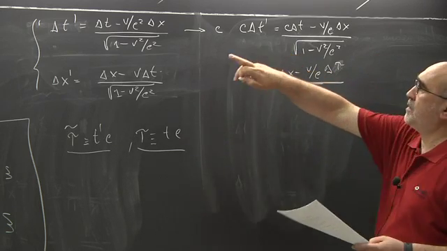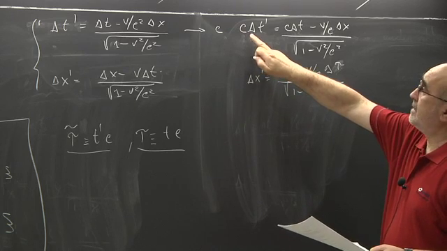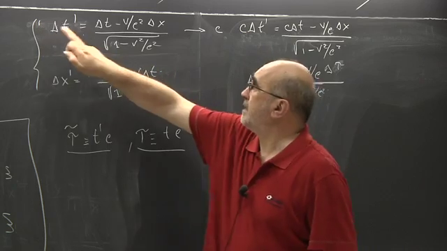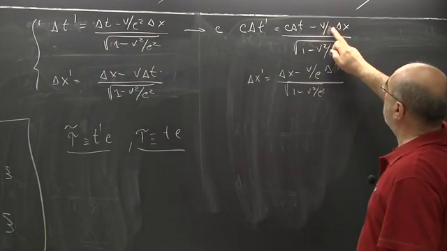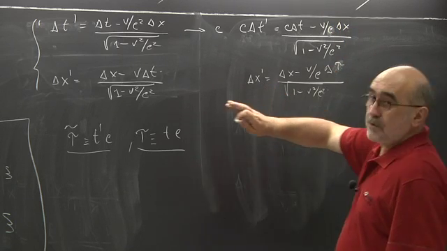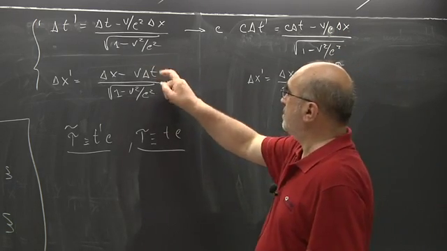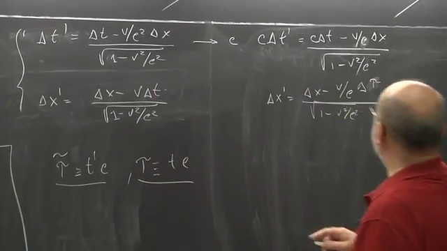So I have multiplied the first by c, both left and right hand side, and I get c here, and then v over c squared multiplied by c becomes v over c, times delta x. Then I want to use tau here, but we know that t and tau are related by this relation.